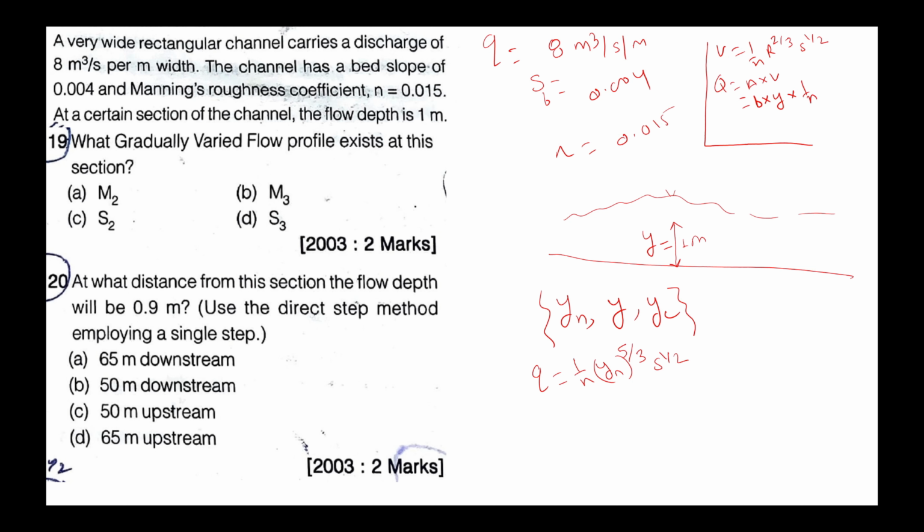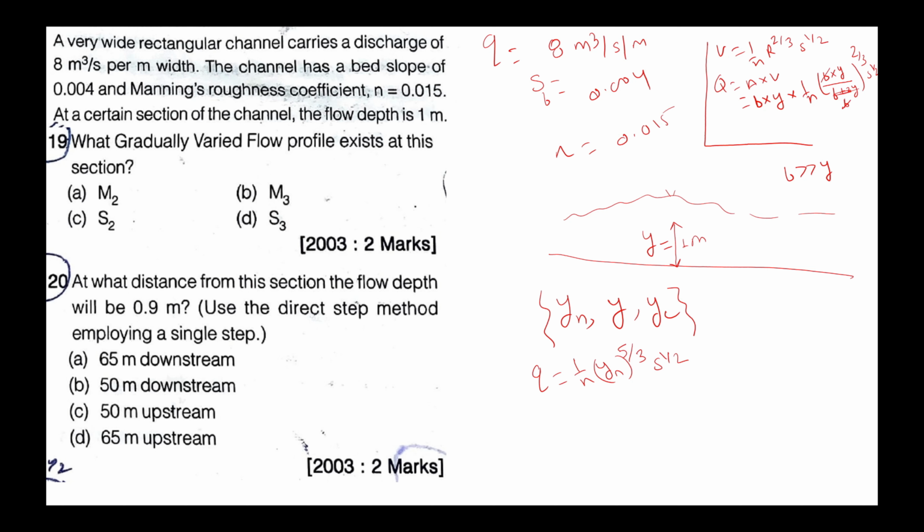It will be 1 by n, area b into y divided by perimeter b plus 2y, to the power 2 by 3, s to the power 1 by 2. Here it is a wide rectangular channel, which means b is much bigger than y. So we can write only b in place of b plus 2y.